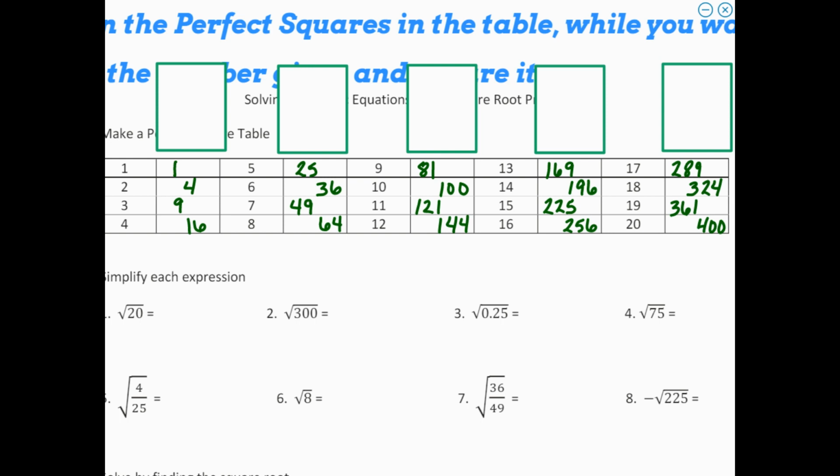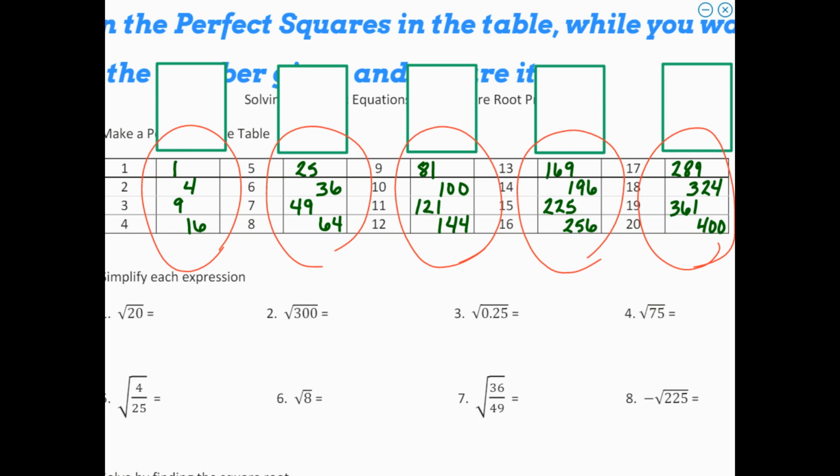So when I refer to perfect squares, I'm referring to these numbers here. Okay? They go on forever because if you did 21 squared, you would get a number. 22 squared, 50 squared, 582 squared.